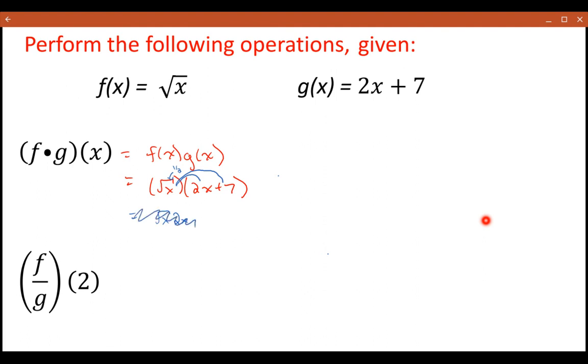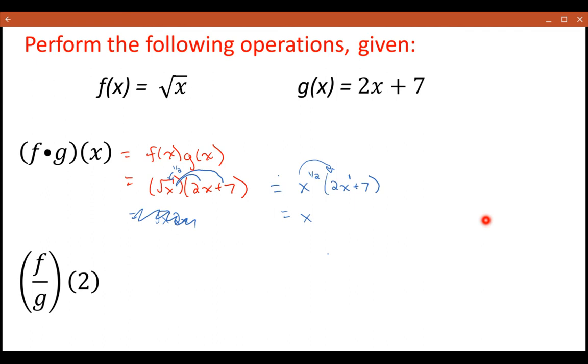So what we're actually going to do is think of these as rational exponents, x to the 1/2 power times 2x plus 7. And remember, there's an invisible 1 up here. So when you multiply, think about what you do with exponents. You add the exponents.